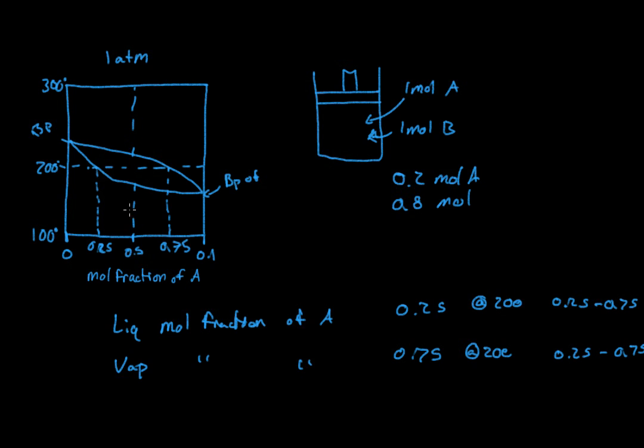So if you have a system that has 0.3 moles of A and 0.7 moles of B, and this could actually be 30 moles and 70 moles, then your mole fraction for the entire system is 0.3 of A, and if the system's at 200 degrees, then again its liquid will be 0.25 mole fractions of A. So depending on the volume or whatever, so I might be overdoing this.